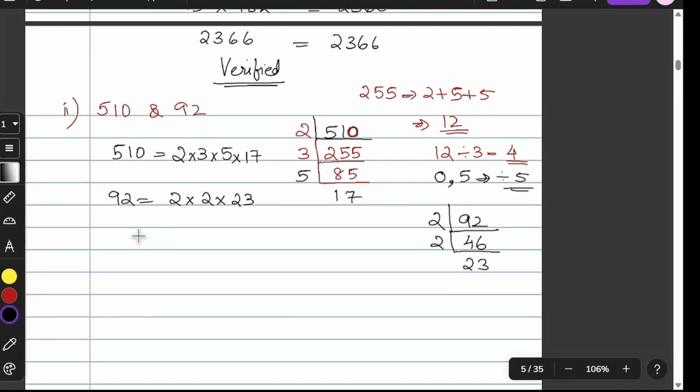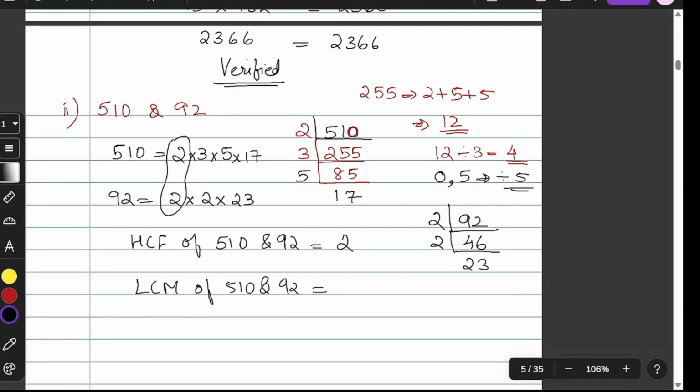So what is my HCF of 510 and 92? What is the highest common factor among them both? It is 2. And what about my LCM, the least common multiple of 510 and 92?